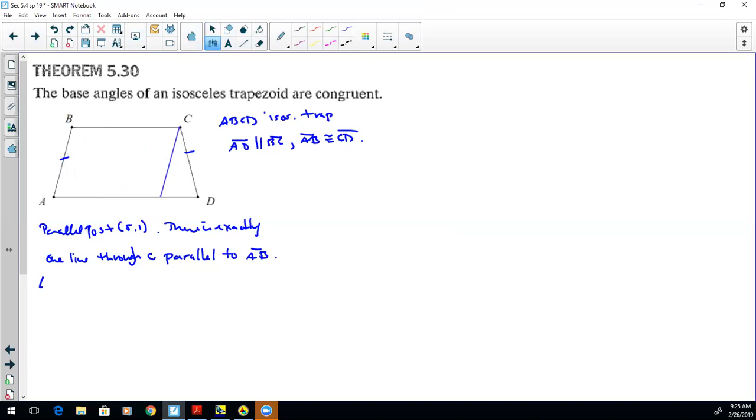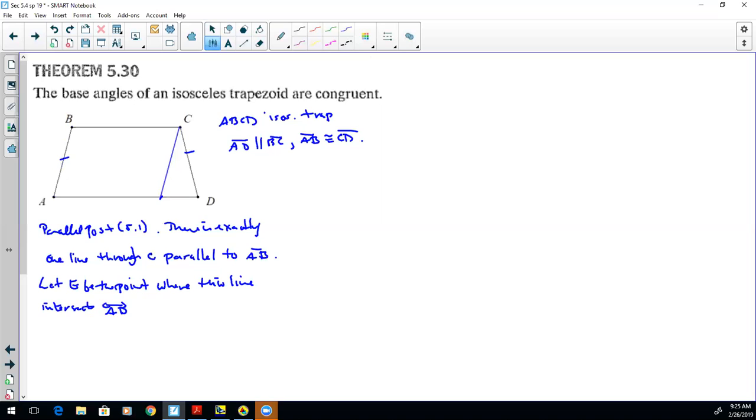Let E be the point where this line intersects the line AD.